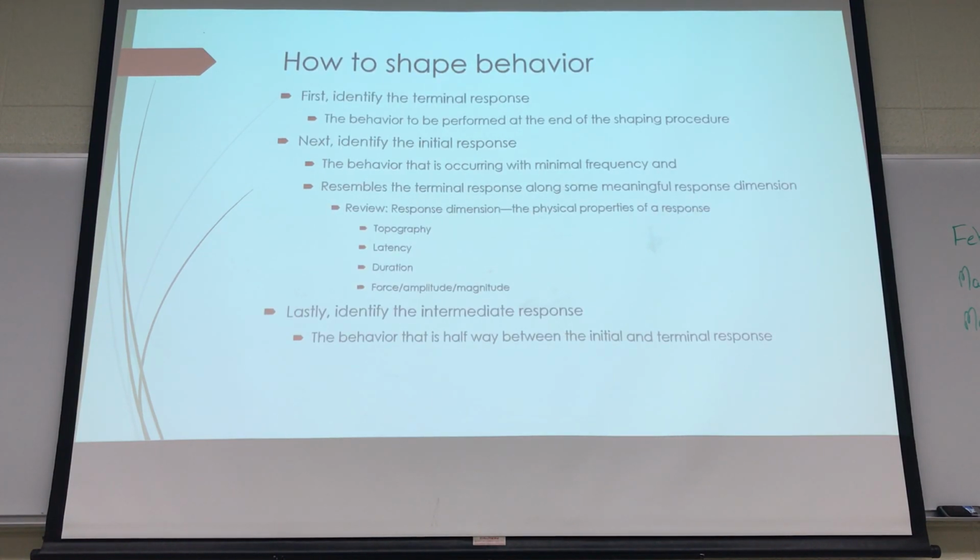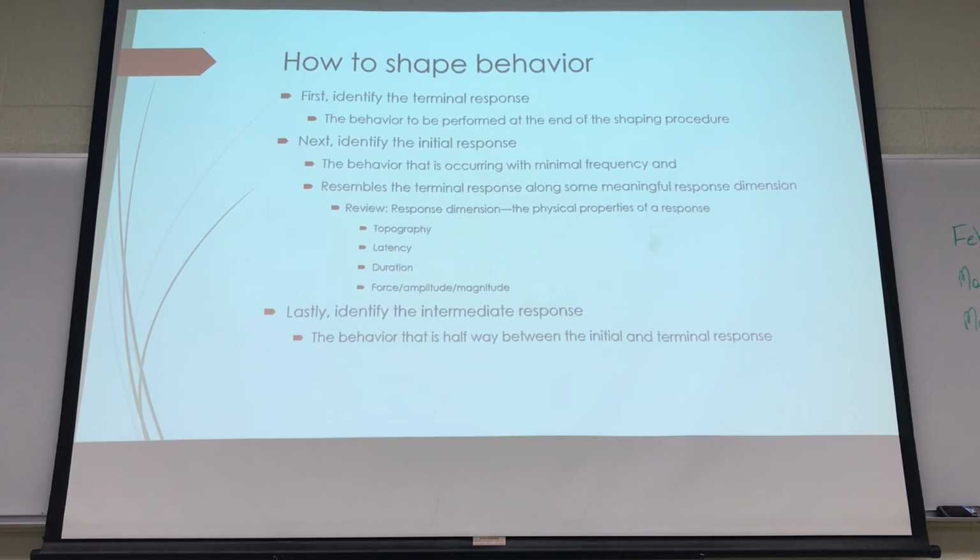What I'm going to describe here in the next few slides is how to do the shaping procedure, because we're going to have an activity that allows you to do shaping. So this becomes really important as we approach that activity. It's a point-earning activity. I'm going to introduce some terms that are not in the book, but they are very important.